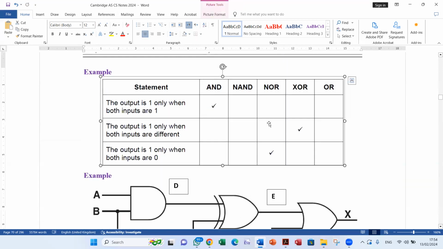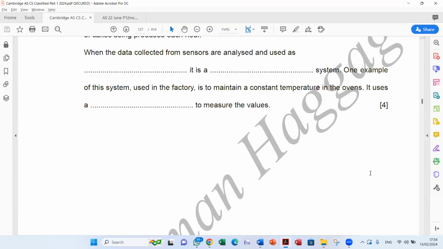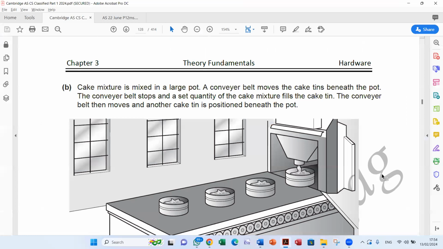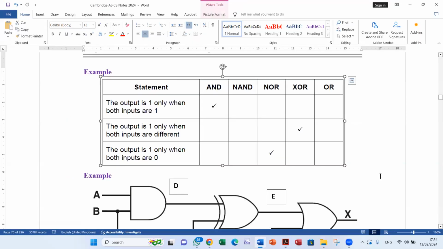Okay, this is just copied from your classified. Look at this. This is just copied from your classified. AS 21 June paper 1-1. It says output is 1 only when both inputs are 1. This is the NAND.